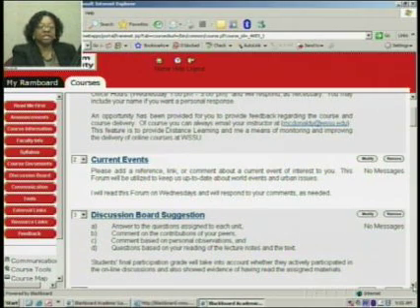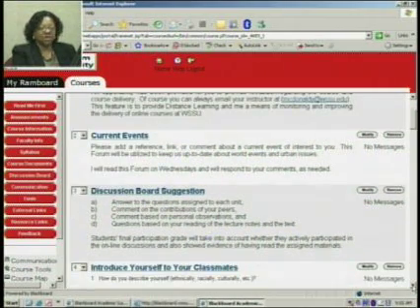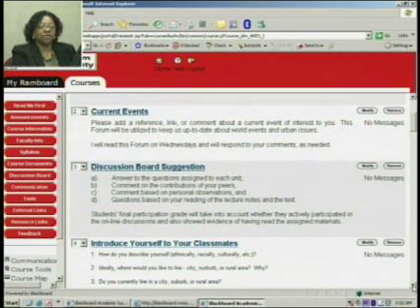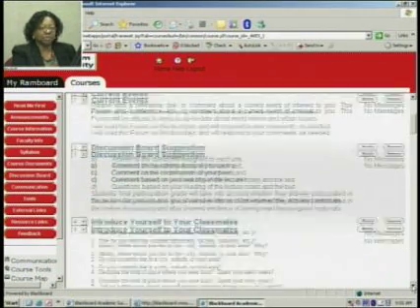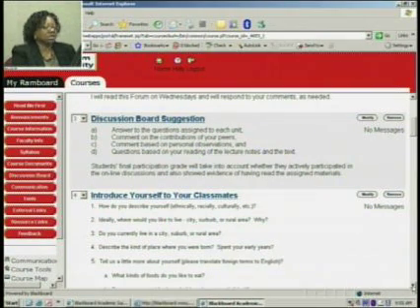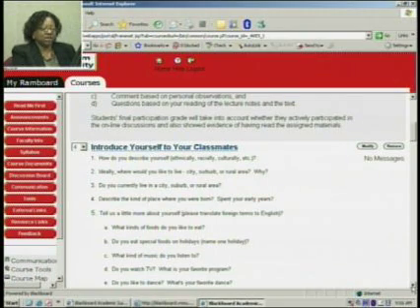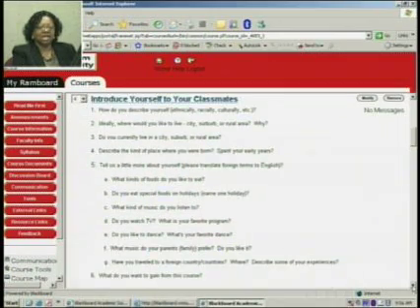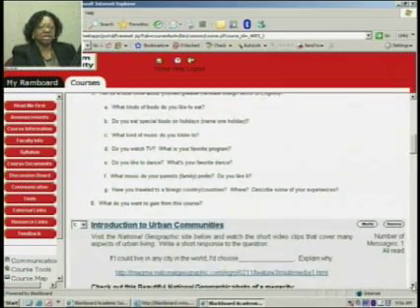We have a current events feature, so that if there are current events happening in the world, we have a forum for talking about those. We have suggestions about entering the discussion board and making suggestions about the comments made by your classmates. And then we get into introduce yourself to your classmates, and here's where you get to know who's in the class and a little bit about each individual.